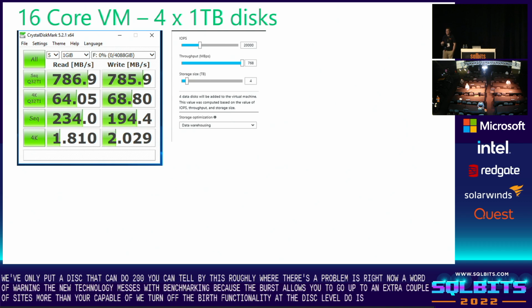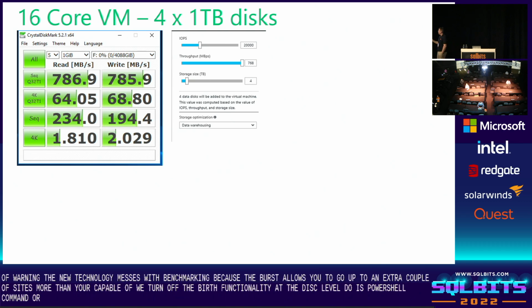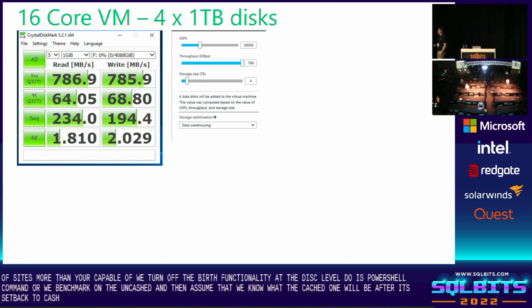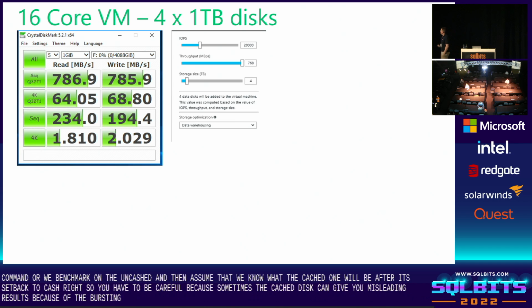There is a PowerShell command, or we benchmark on the uncached and then assume that we know what the cached one will be after it's set back to cached, right? So you have to be careful, because sometimes the cached disk can give you misleading results because of the bursting effect, okay?